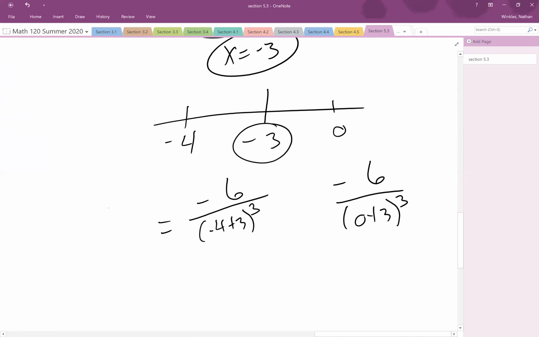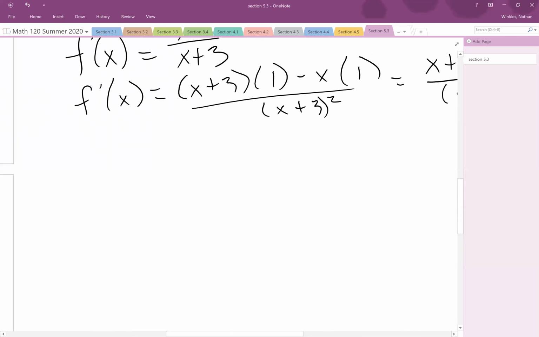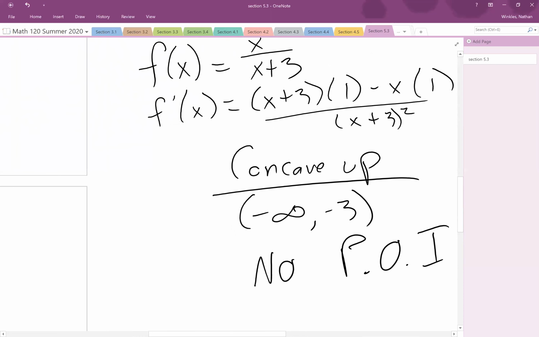This one gives us negative 6 over negative 1, which is 6, so it's positive. Here we get negative 6 over 27, so it is negative. So therefore it's concave up from negative infinity to negative 3. There are no points of inflection because we can't plug back into the original.